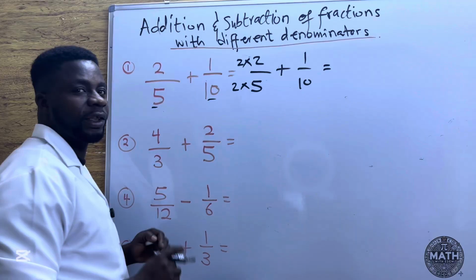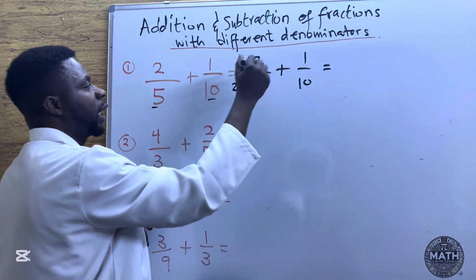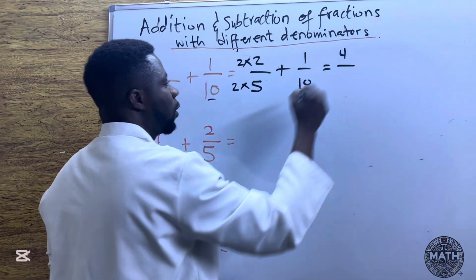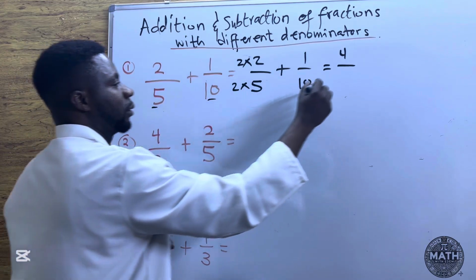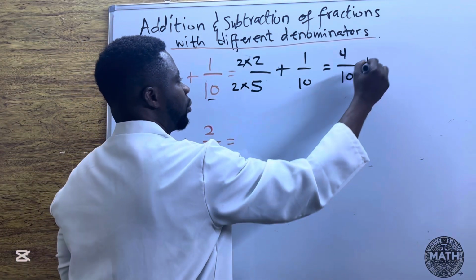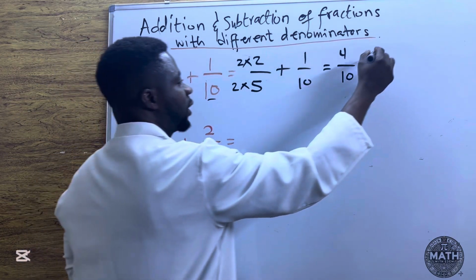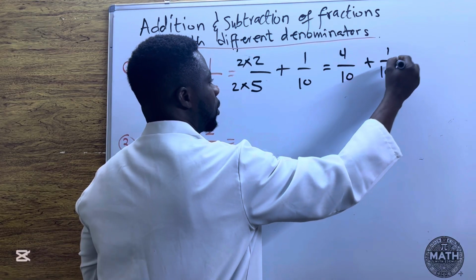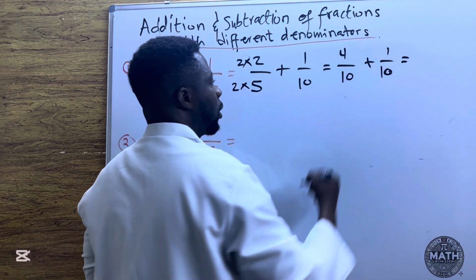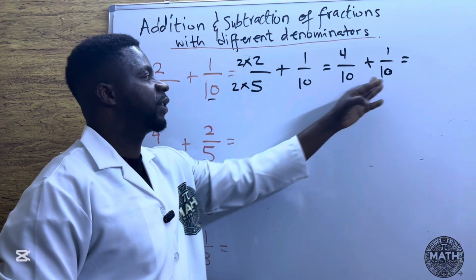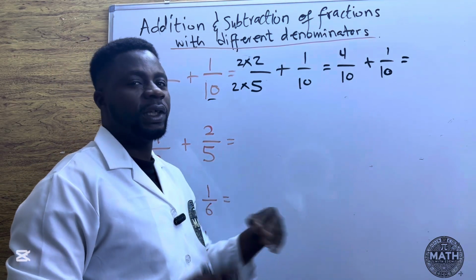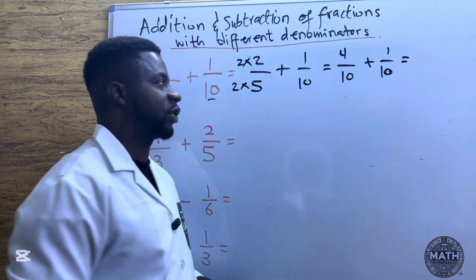So I'm going to be changing the fractions. So 2 times 2 gives us 4 over 10 plus 1 over 10. Okay, now because the denominators are the same, it is easier to now add the fractions.